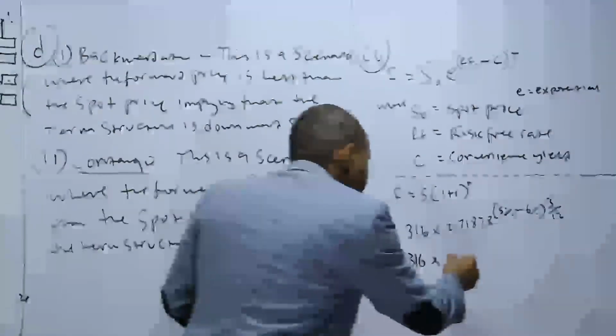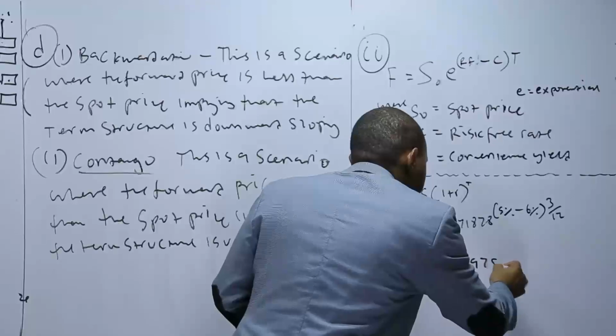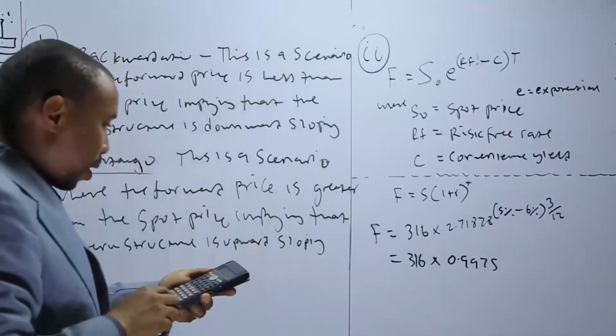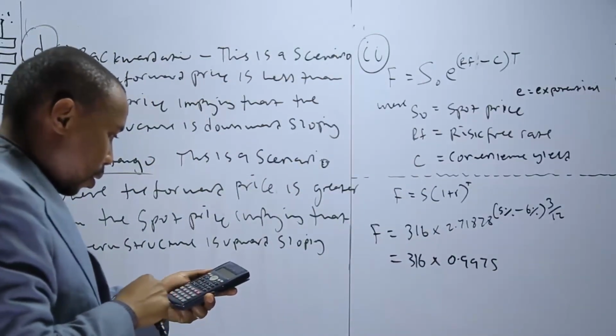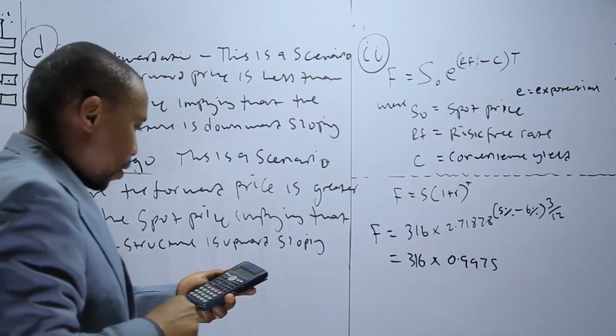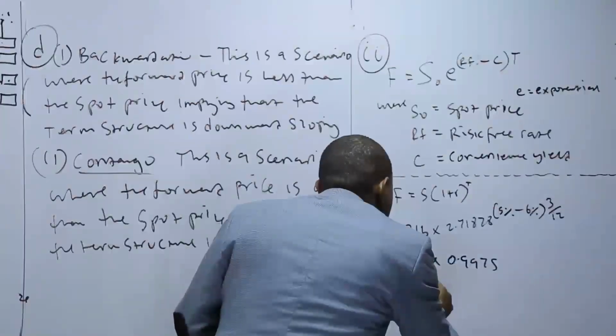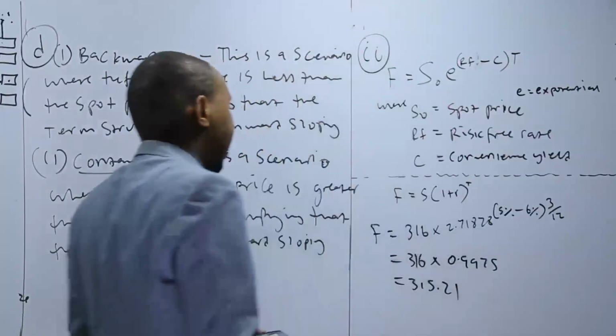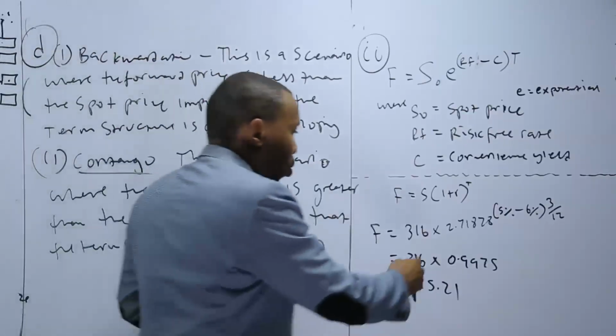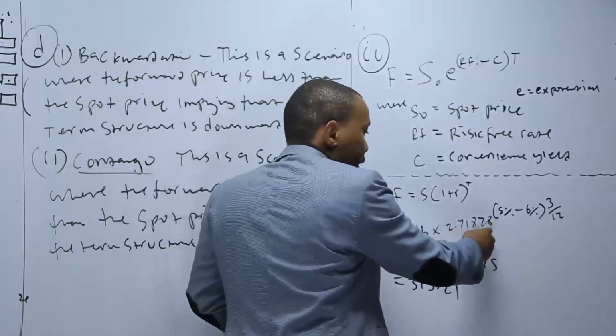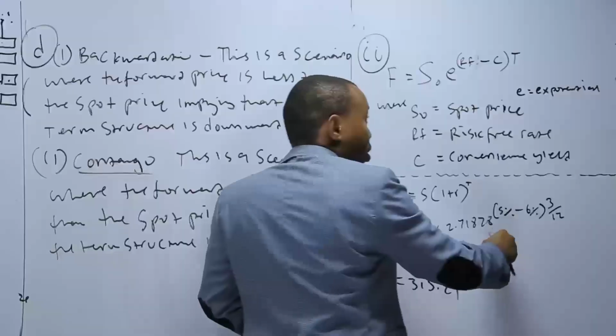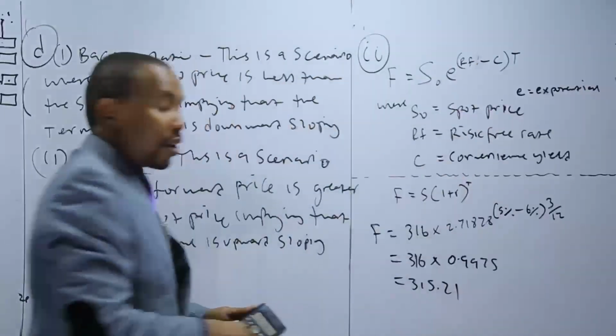So we're saying times 0.9975 and multiplied by 316. We have 315.21. That is it. So please first of all get the transcendental value like that, and then you raise it to power this component right over there by this formula.